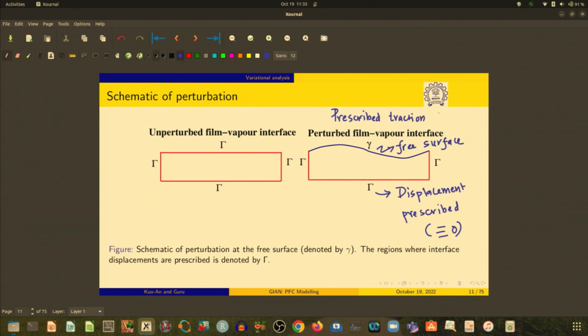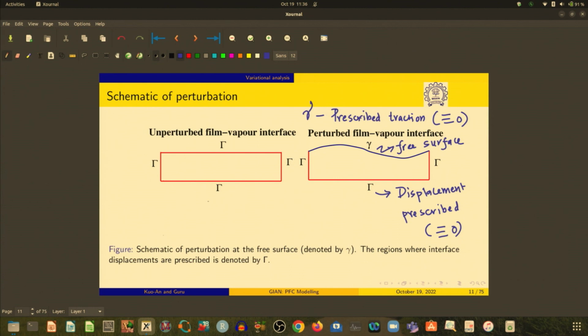And what is the traction that I prescribe? That makes it a free surface. So, small gamma is where traction is prescribed and it is traction free, and capital gamma is where displacement is prescribed and the prescribed displacement is 0. Okay, so this is the case we are looking at.